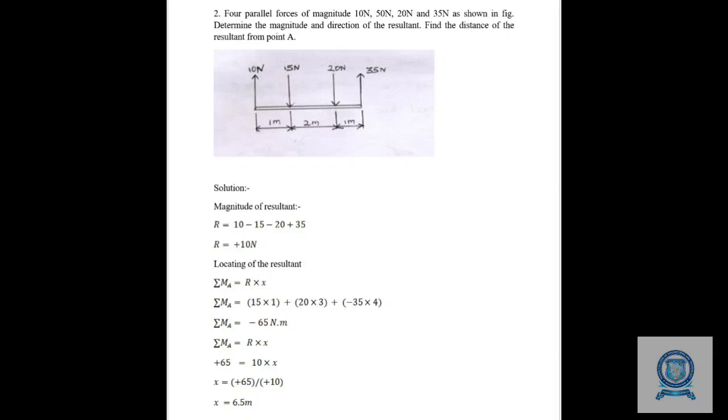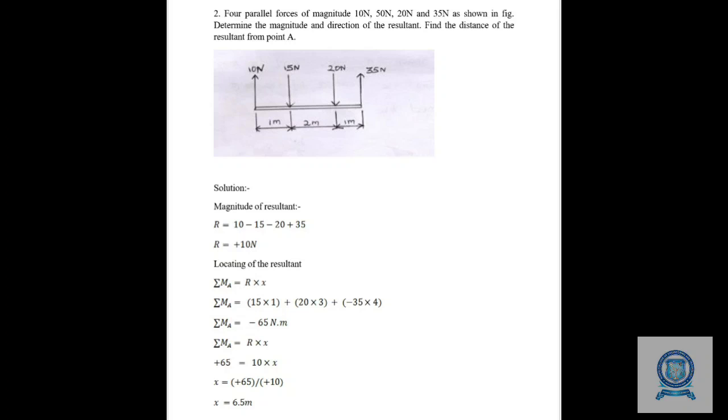In that, we should first find the summation of moments about point A, that is sigma MA. Sigma MA is the summation of moments of the forces about point A. The left extreme end is point A, so we want to calculate the individual moments of all the forces about that point. The first force, 10 Newton, is acting at point A, so it doesn't have any perpendicular distance: 10 into 0 becomes 0.